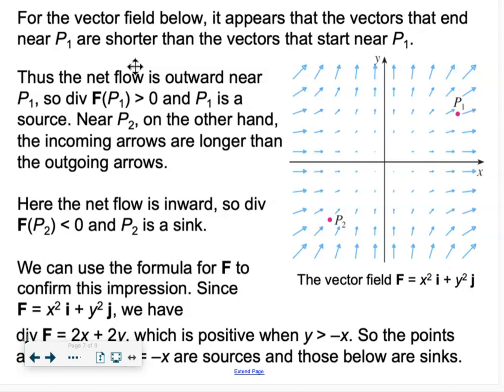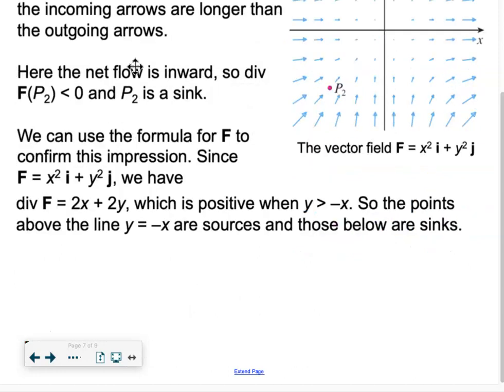Okay? That's it. Now, this vector field that was given is the vector field x squared plus y squared. Using the formula to confirm this, if you actually find the divergence, 2x plus 2y, and set this equal to 0, you end up with y equals negative x as your dividing line.